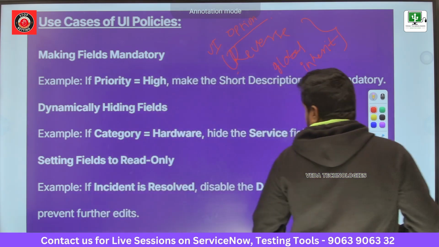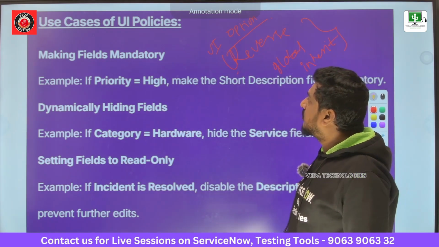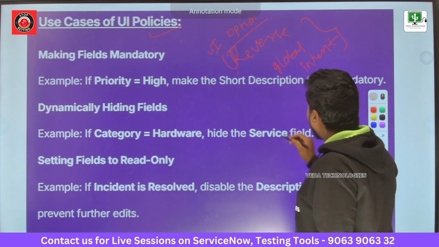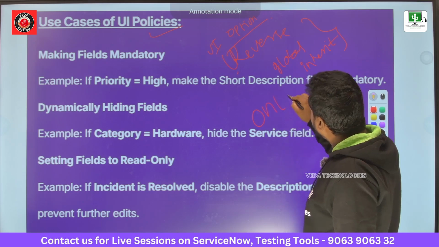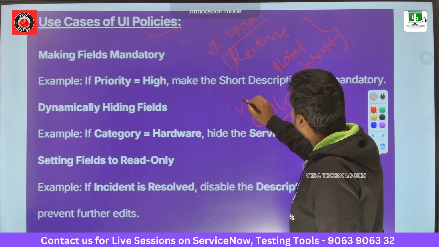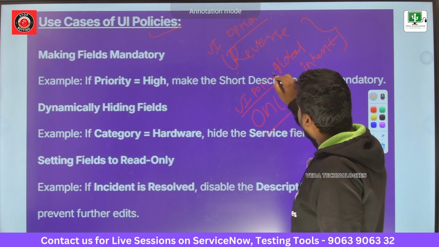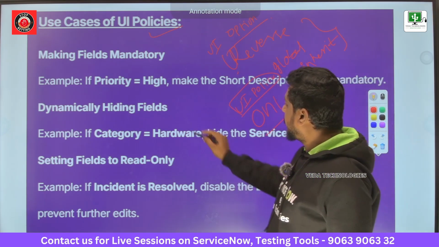Okay, here I am going to provide a few use cases for UI policies, and I will also be discussing the topic related to the OnLoad option in the UI policy. Everybody knows that in the last videos we discussed client scripts.